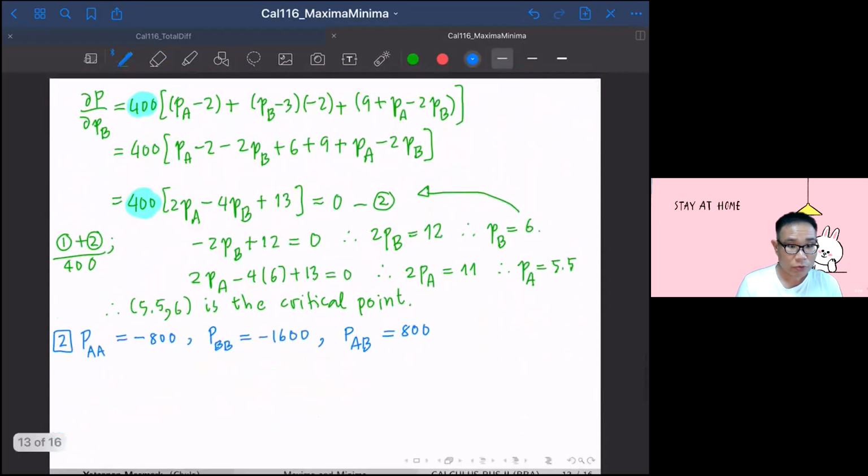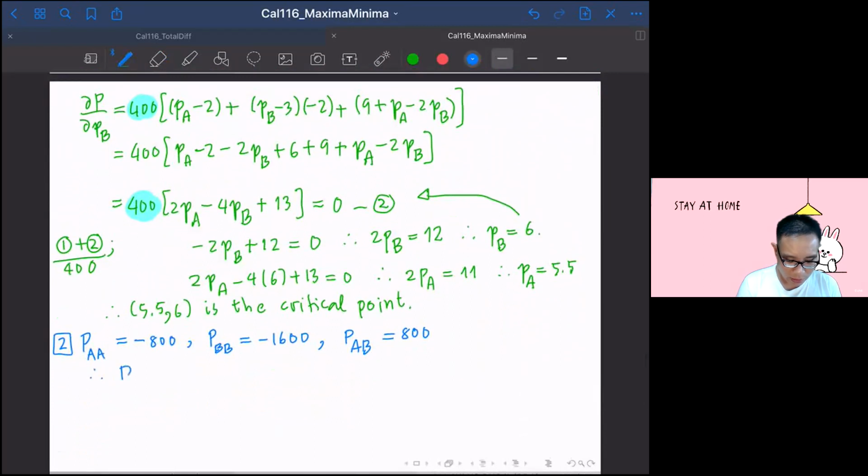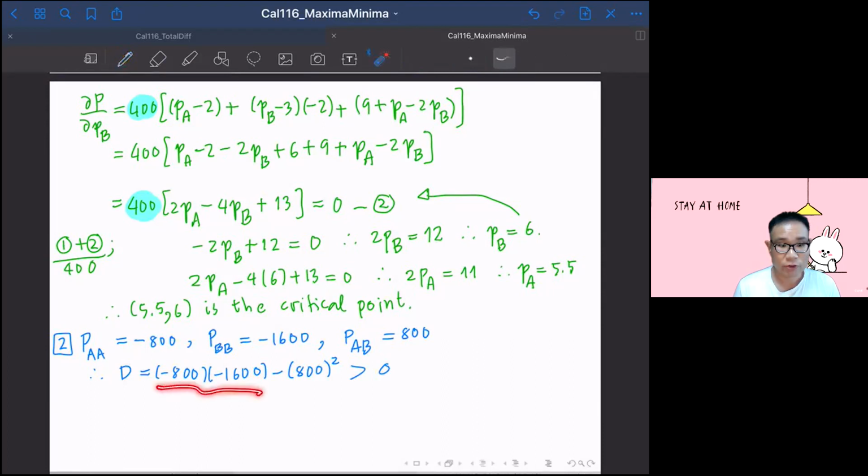So you would get D equal to negative 800 times negative 1600 minus 800 squared. And this guy, you're going to get something positive. I don't care about the number, I just care about the sign. You see that this is more than 800 squared anyway, so you have D positive, and you have PAA equal to negative 800, which is negative.